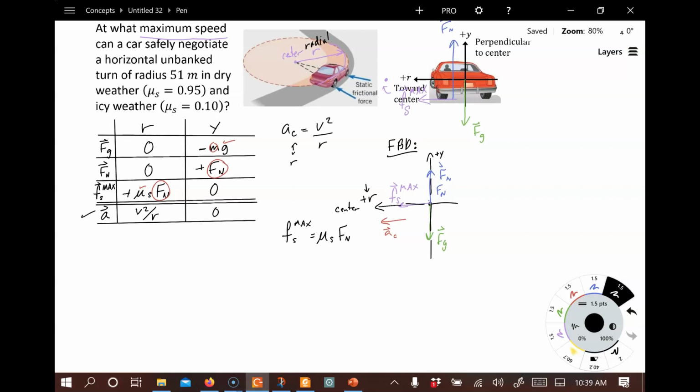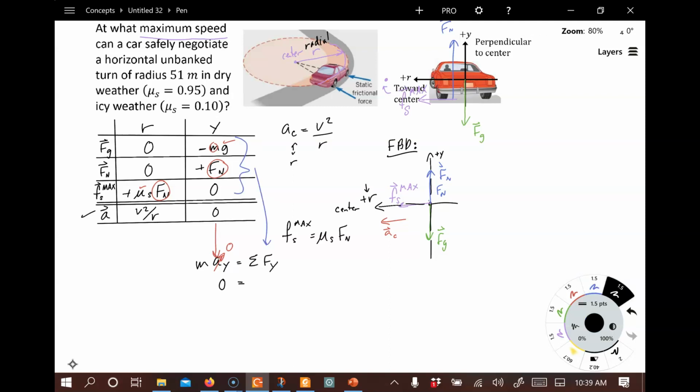So if I do the y direction, mass times a_y is equal to the sum of the forces in the y direction. And immediately we see that the acceleration is 0, so that's great. 0 is equal to, now let's sum up all of the y components of the vectors for the forces.